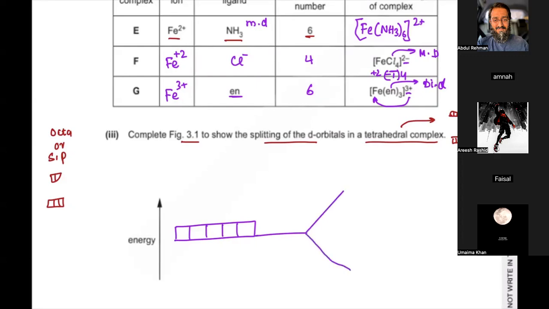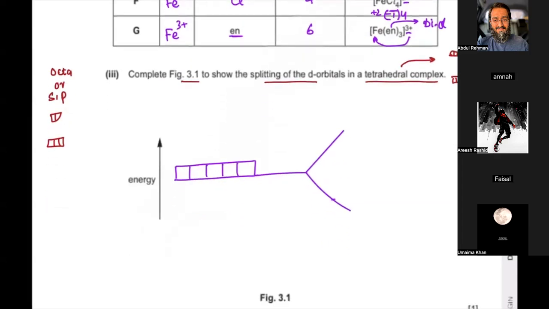From here you will split into 2 sets. The set of 3 orbitals is at a higher energy, and the set of 2 orbitals is at a lower energy.